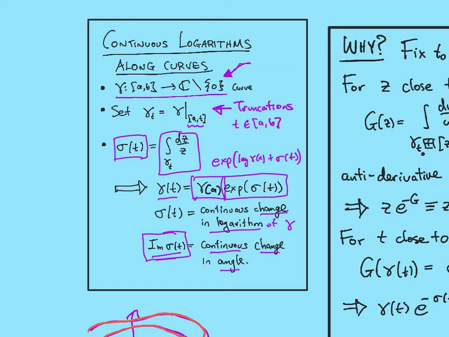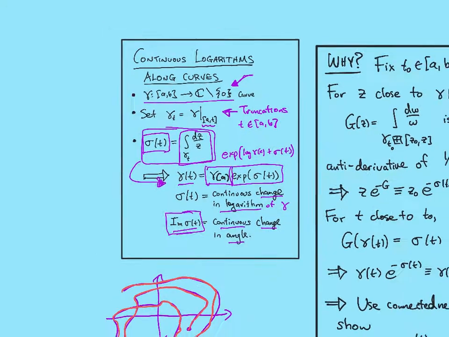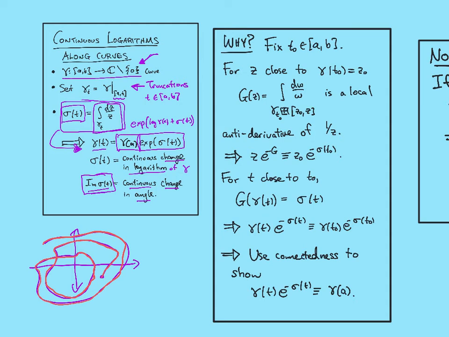Okay, so then the question is, why does this formula give us what we want right here? And we've already seen basically the right argument. So let's fix a t-naught in our interval.